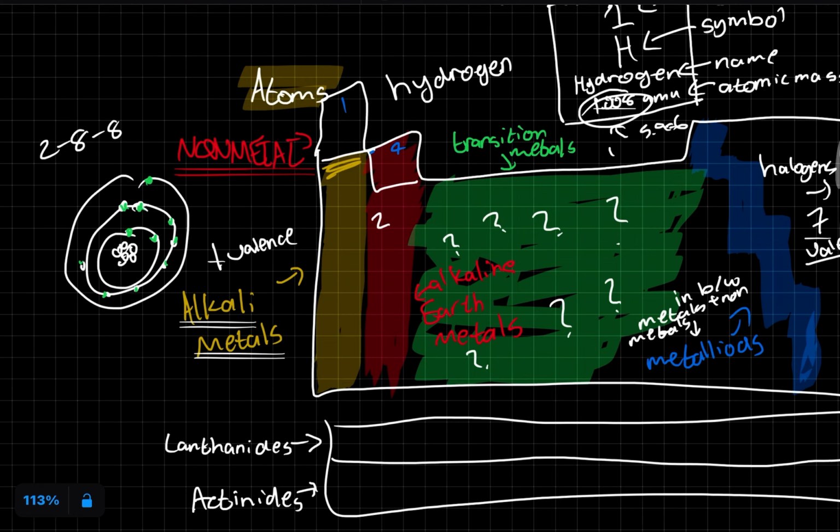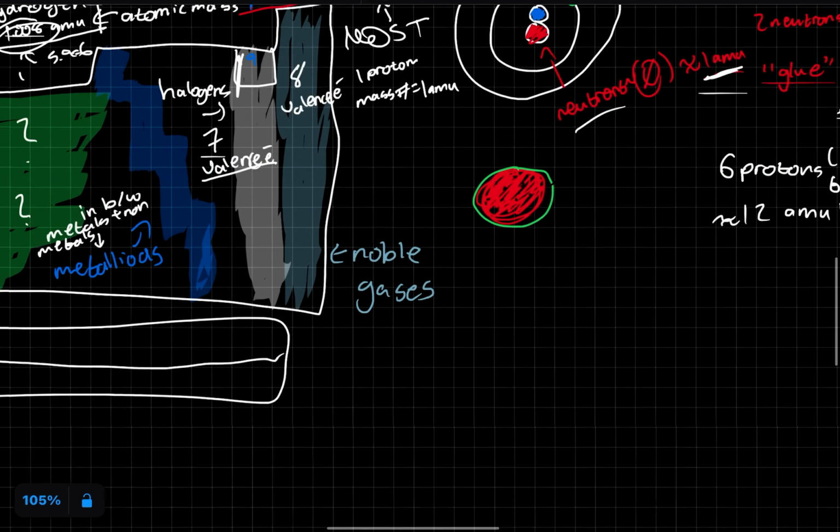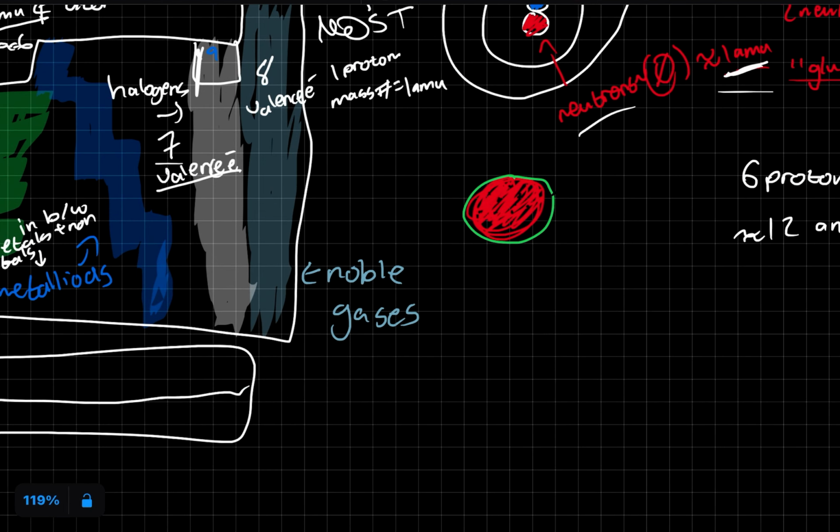There are exceptions to this rule, but typically atoms want 2 in the first shell, 8 in the second, 8 in the third. This has 1 in the third. So if it can just get rid of this pesky 1, it will be happy. It will have an 8 in its valence shell, because now this will be its valence shell. And now we'll have 8 electrons in its valence shell. Same thing with the halogens. So let's just say you've got an atom right here.